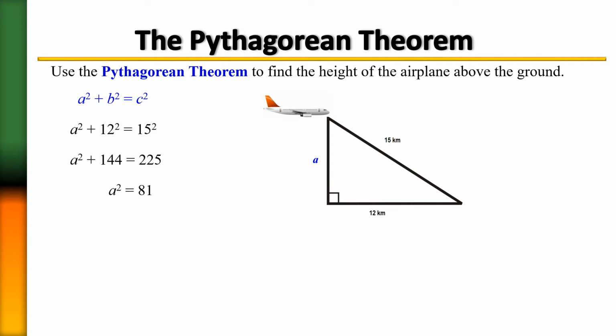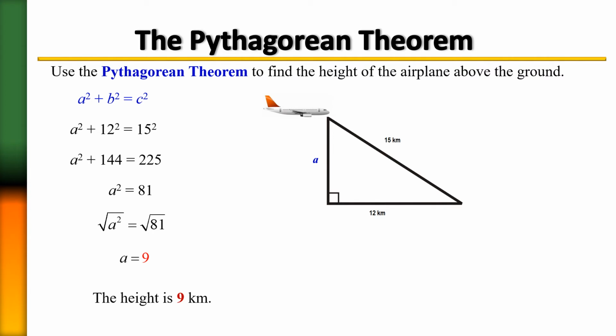Because we want to solve for A, and you have A squared, the only way you can get A by itself is to take the square root. And whatever you do to one side, you must also do to the other. And so we know the square root of 81 is 9, so A equals 9. So the height of the airplane is about 9 kilometers.